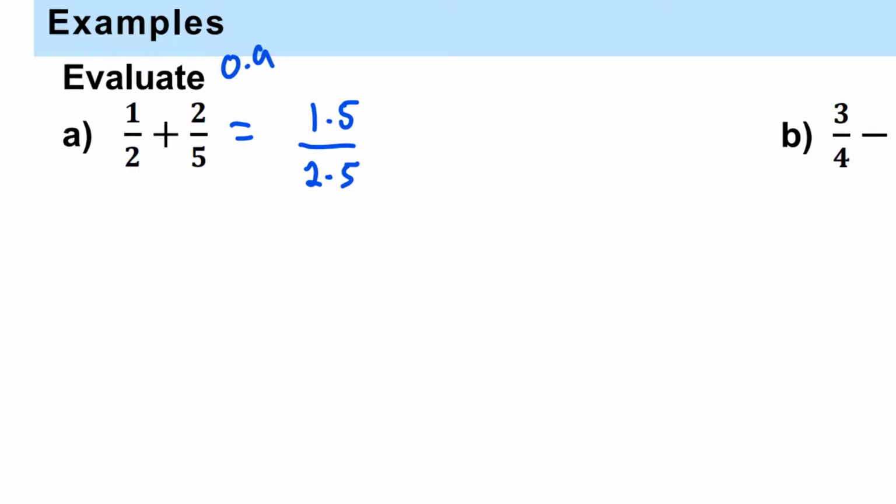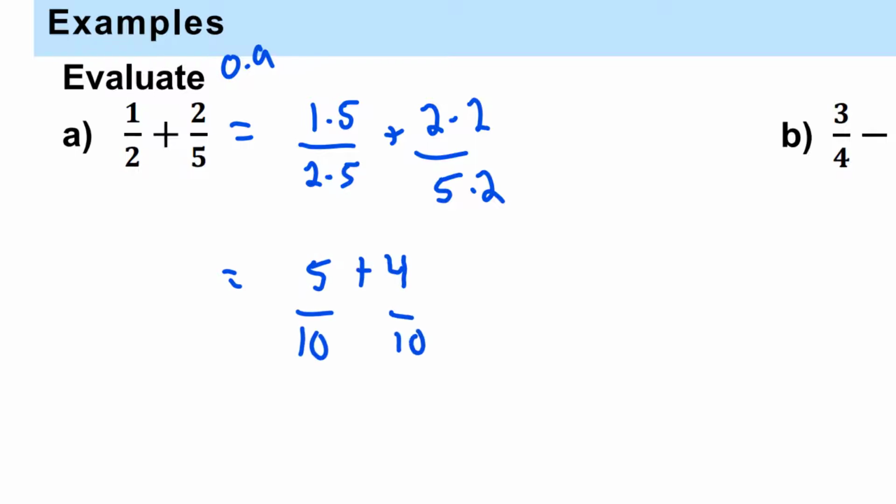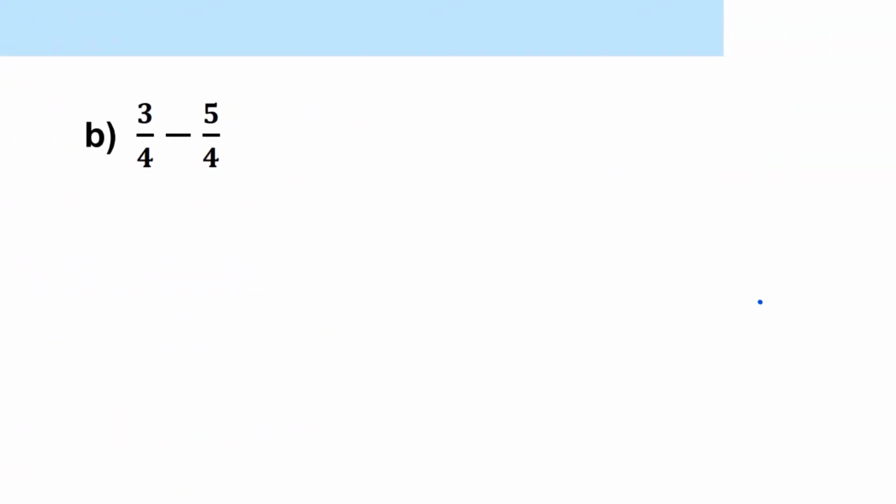So note that the bottom is over 10. That's good. And we have 2 times 2 over 5 times 2. This is 5 plus 4. This is over 10. This is over 10. We have our common denominator. And this is 9 over 10. And this would be 0.9 if we put it in decimal. But we don't need to do this here.